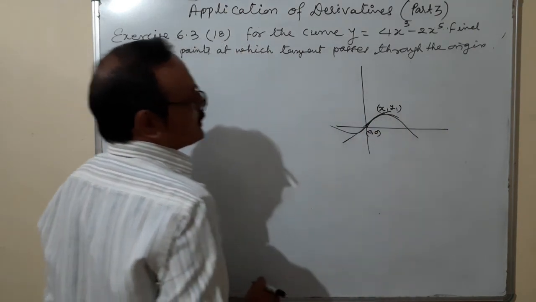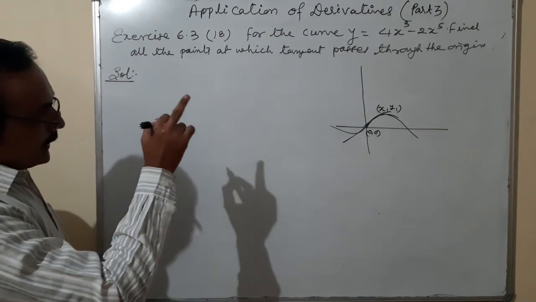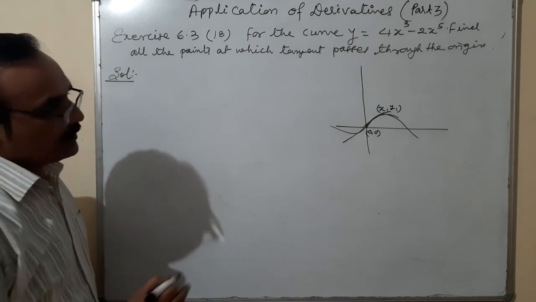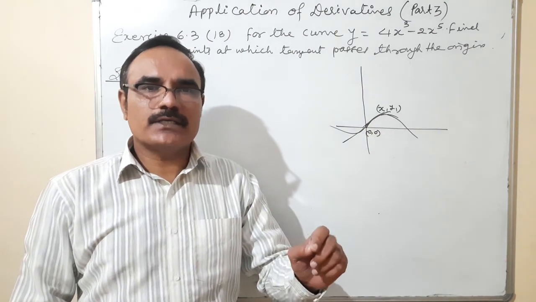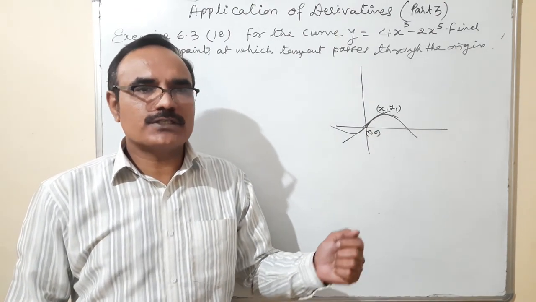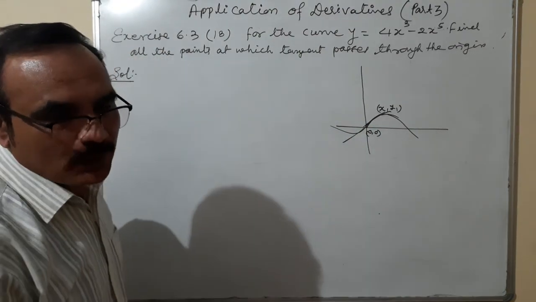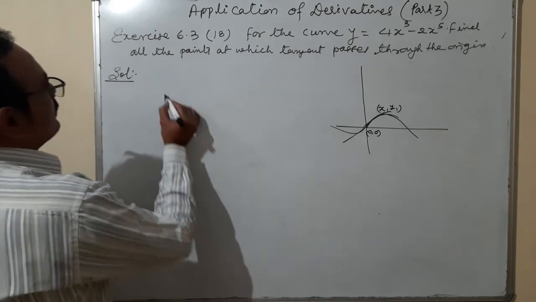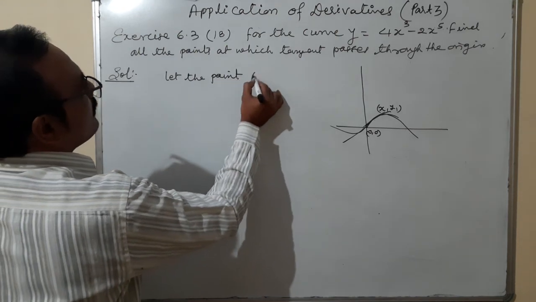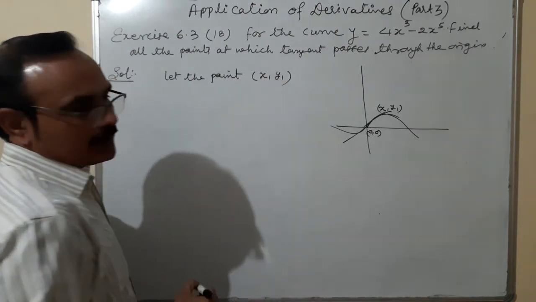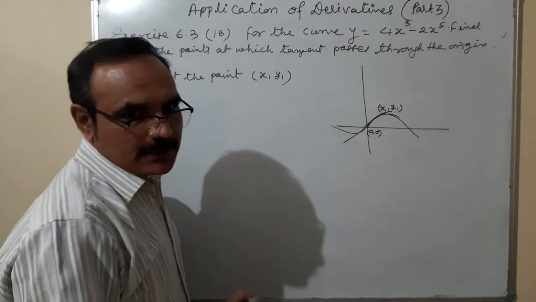One point on the tangent is the origin, and the second point, which we don't know, is the point from where the tangent is passing. So let the point be x1, y1.